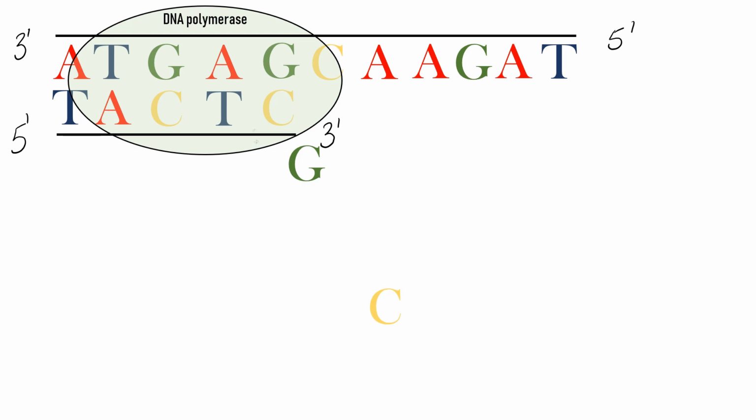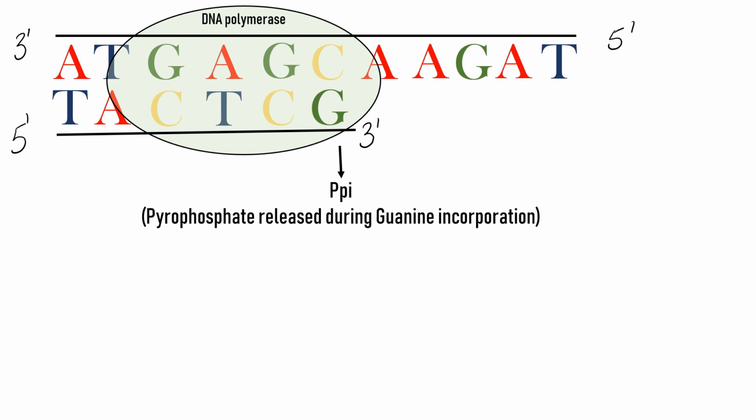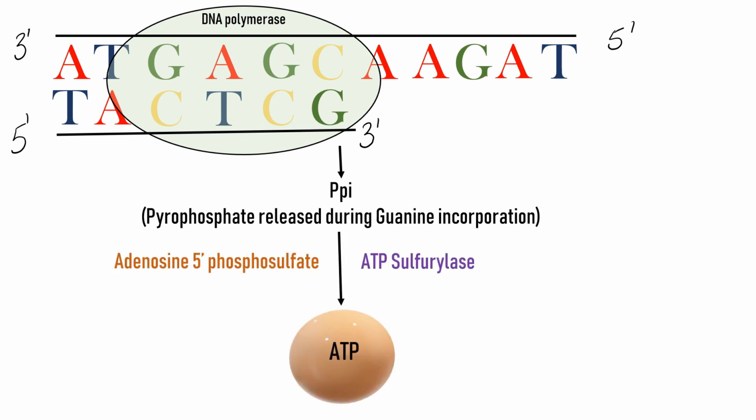Next, the pyrosequencer provides the DNA polymerase with guanine, and since on the parental strand cytosine is there, guanine is accepted by the DNA polymerase. During the incorporation of guanine at the 3' end, pyrophosphate is being released. This pyrophosphate reacts with adenosine 5' phosphosulfate in the presence of ATP sulfurylase to give ATP.